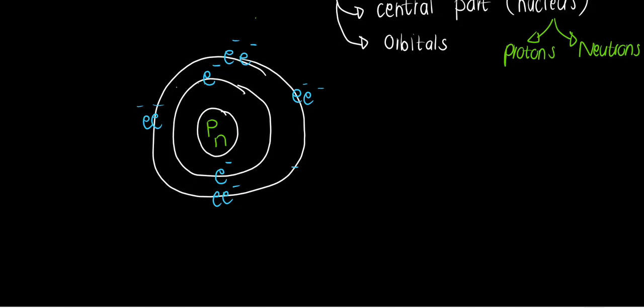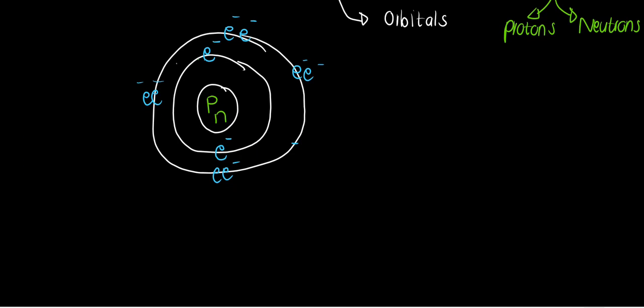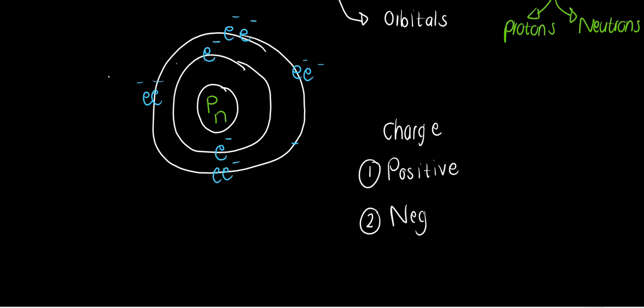So now we are going to look at charges. So we get 2 types of charges. I think you know this from grade 9 also. We get a positive charge on an atom and we get a negative charge on an atom.